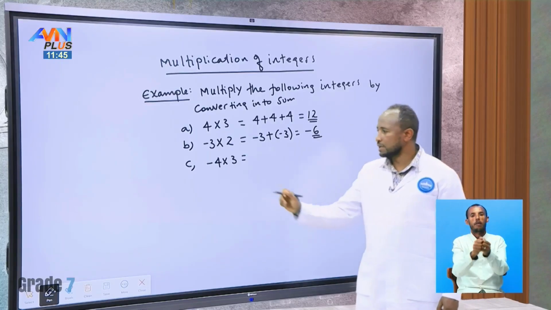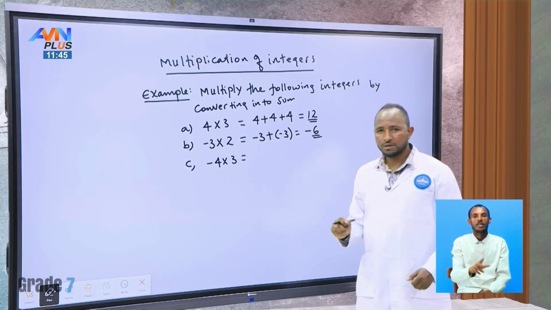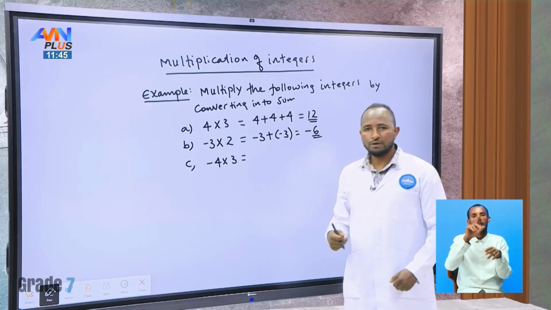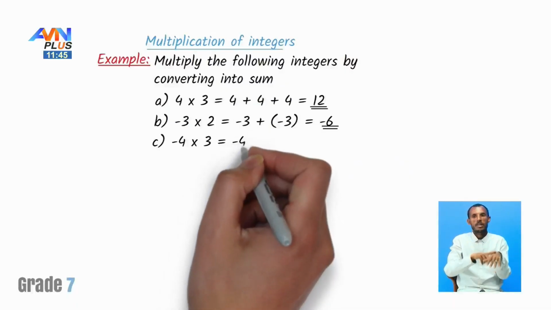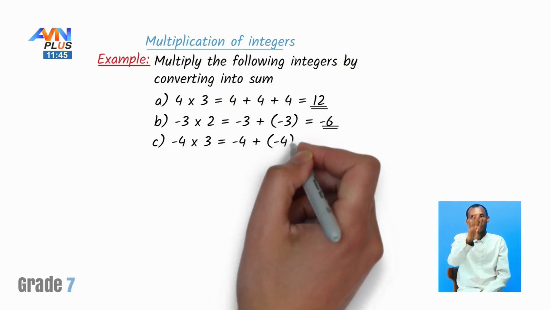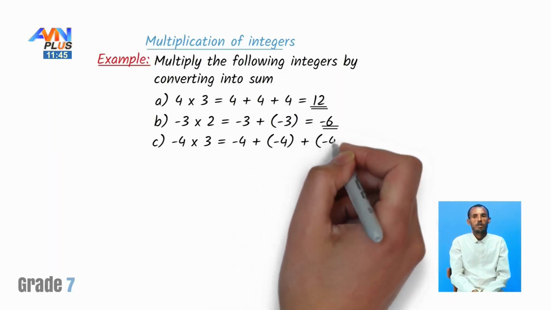Here it says -4 times 3. This means -4 how many times? 3 times. Therefore, we write -4 three times: -4 plus -4 plus -4.